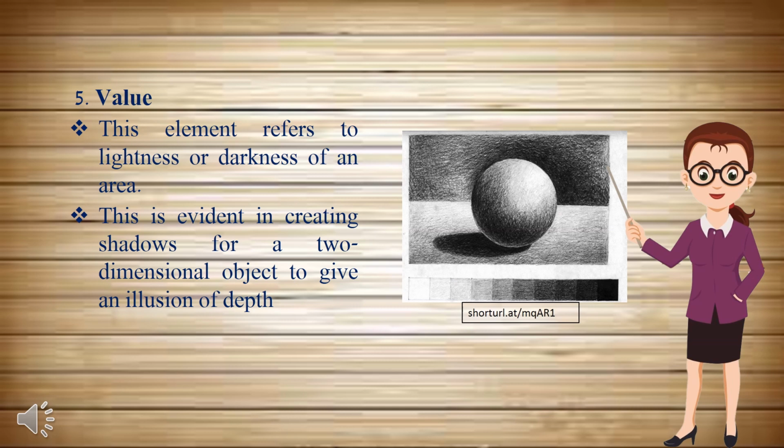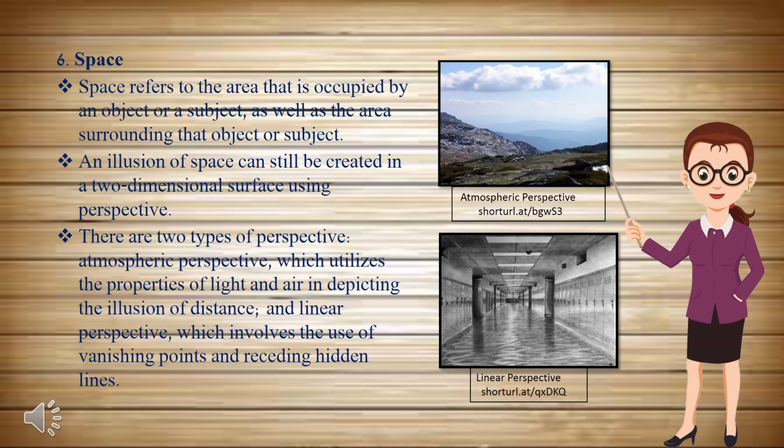Number 5 is value. This element refers to lightness or darkness of an area. This is evident in creating shadows for a two-dimensional object to give an illusion of depth. Number 6 is space.